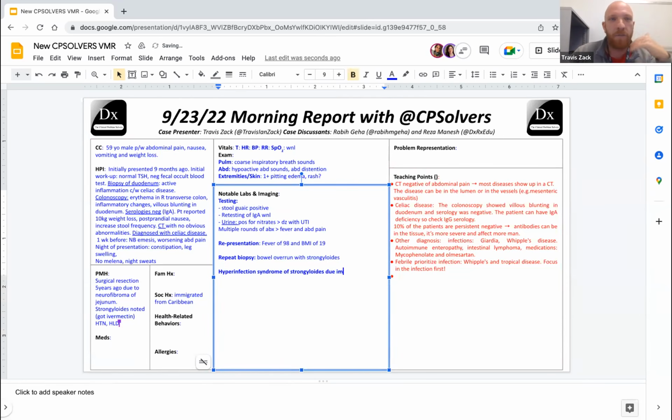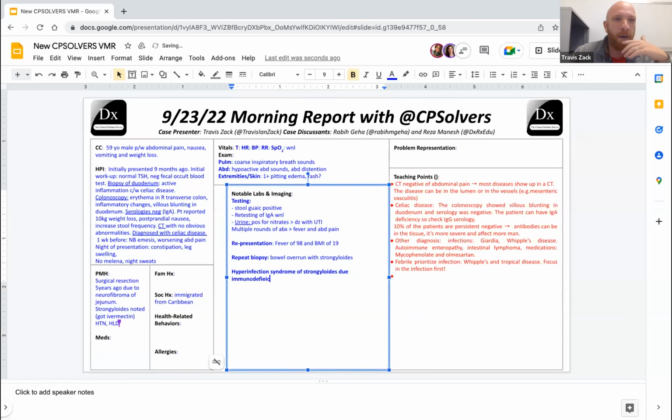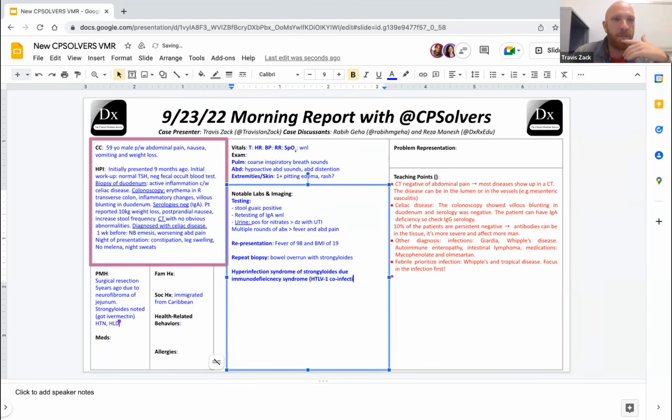But again, going back to where this patient was from, I guess the most common cause is HTLV1. Yeah. And so there's a co-infection of HTLV1 with this patient that allows the strongyloides to overwhelm the system and lead to a lot of these other extraluminal symptoms like the rash and the fevers.